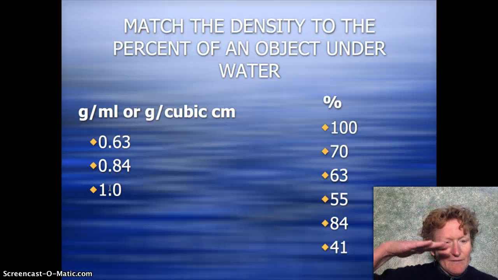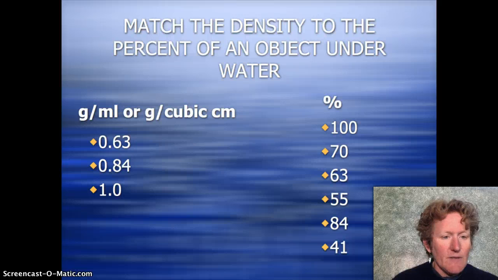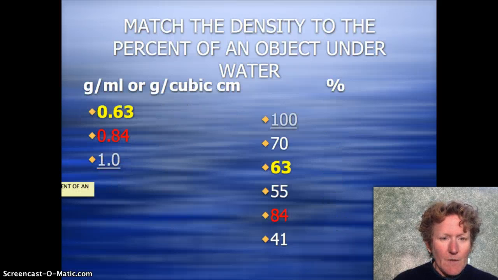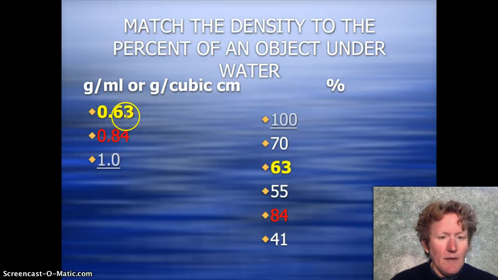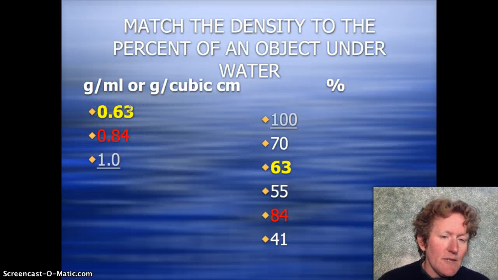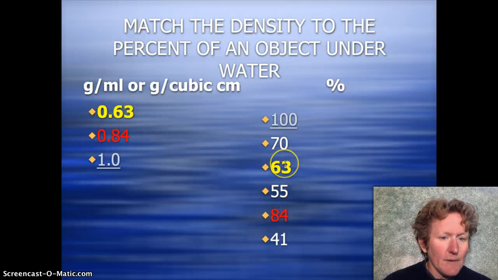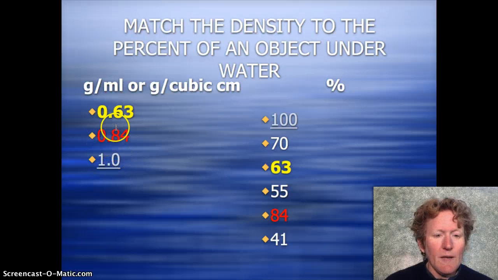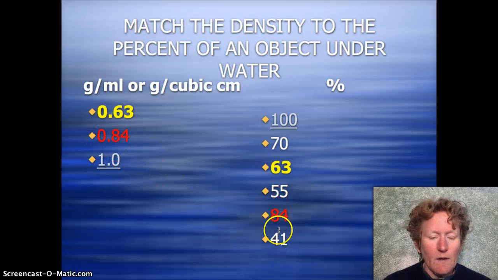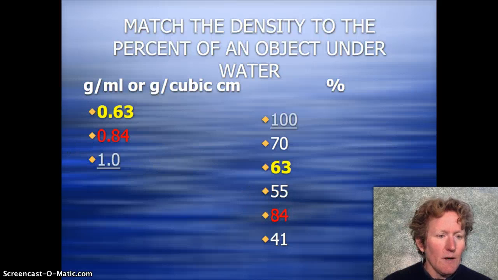You're probably just going to hover right under the water because you have the same density as water. So you can see the matching here. If your density is 63% of that of water, you're going to be 63% underwater. If you're more dense, more of the object is going to be underwater.